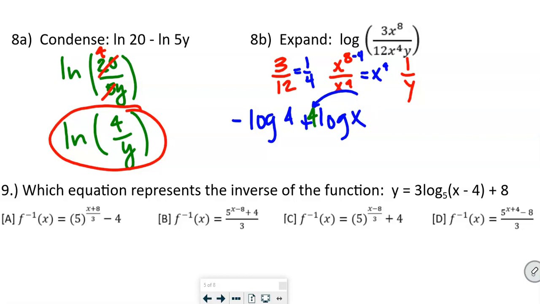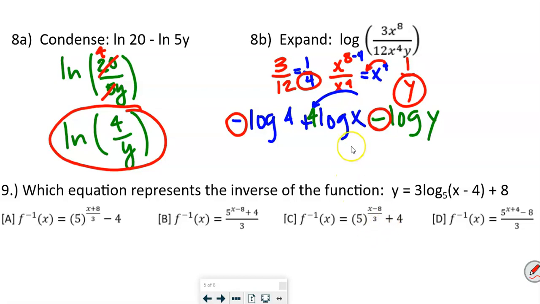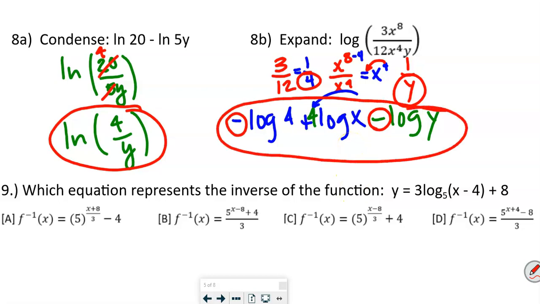And then we've got our plus, or no, it's minus because that y's in the bottom, right? So this is going to be minus log of y, okay? So remember, if something's in the bottom, notice here again, this 4's in the bottom. That's why that's negative. This y's in the bottom. That's why that's negative. The only thing we did with this one was we moved this 4 to the front because it's going to become the coefficient, okay? So there's our answer for that one.